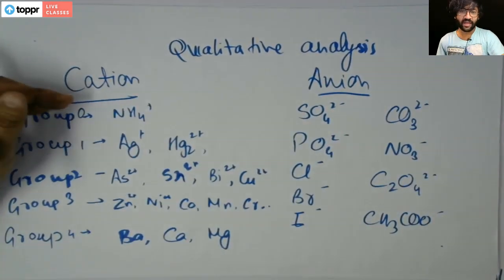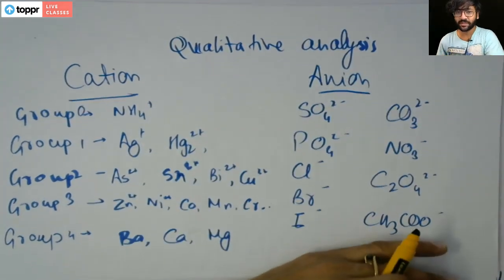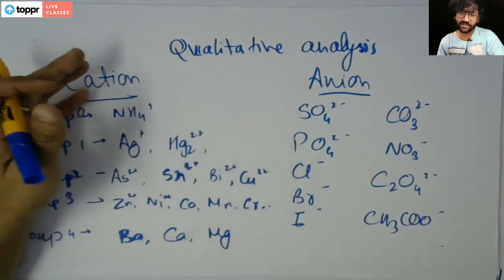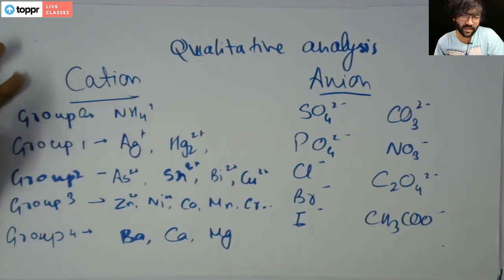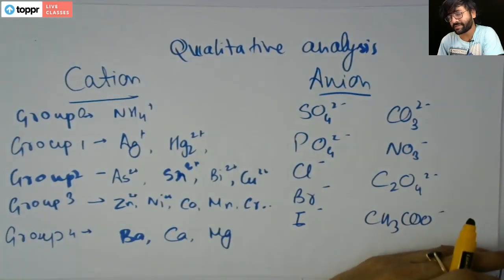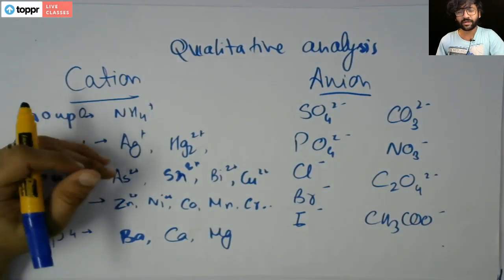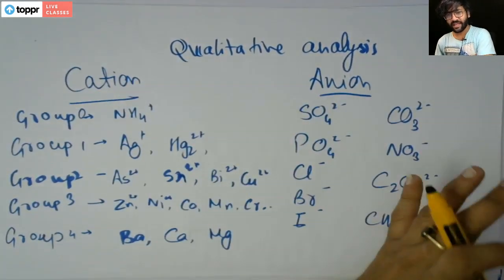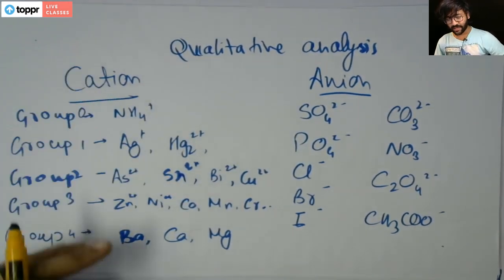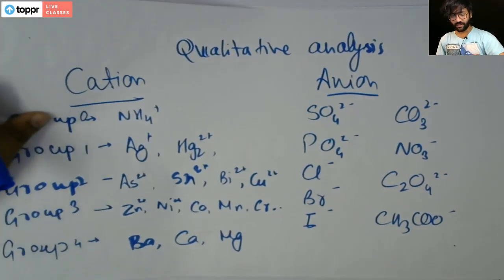For cations we have some tests, for anions we have others. If the tests are positive, we get the answer that this cation or this anion might be present, and that way we can find out our compound by identifying the cation and then the anion. Alright, so let's check out how it is done.